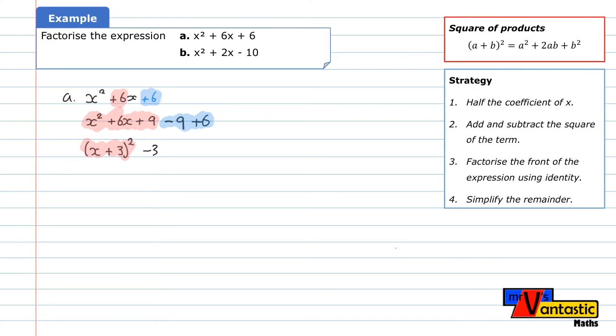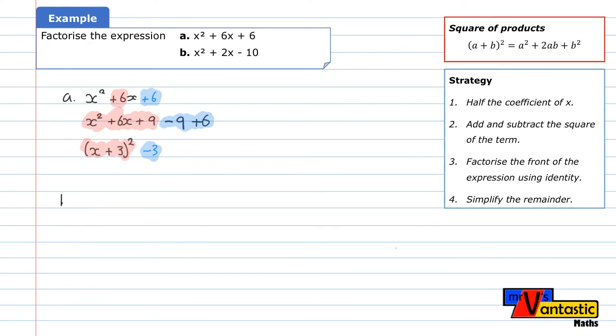That is the simplified version of this leftover chunk. And this is the factorized form of this expression, the x squared plus 6x plus 6. We've done this by using a little bit of a math trick, by adding this 9 and then taking it away again. And it might be a bit hard to see.